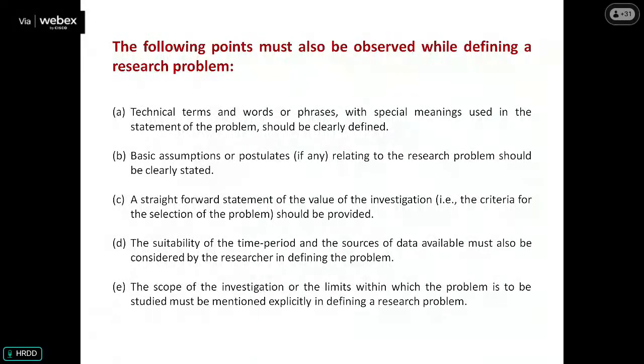Technical terms and words or phrases with special meanings used in the statement of the problem should be clearly defined. See, some abbreviations we should not use in the titles or the problem because it is for a general audience, right? Like in electrolyzers, in these PEM-based electrolyzers, they use the term MEA. You know MEA? What is MEA?